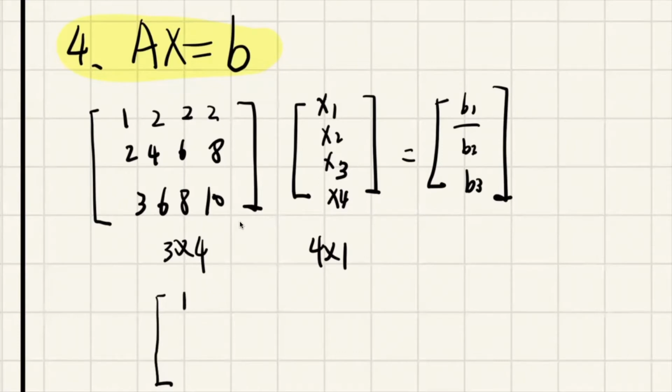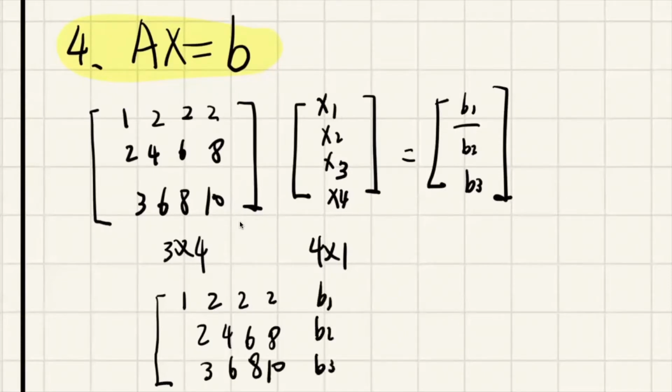So what we have to do here is make another matrix that will include b1, b2, and b3. Okay, let's do the elimination. The first thing here is the last row.